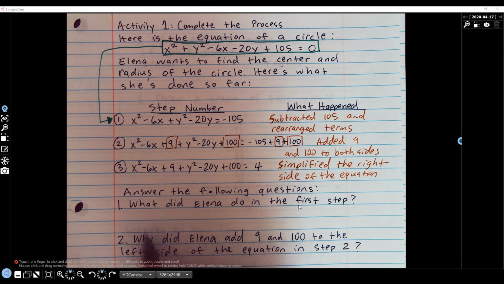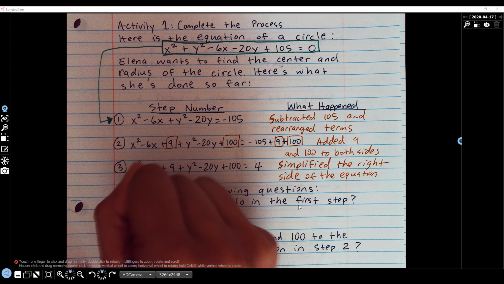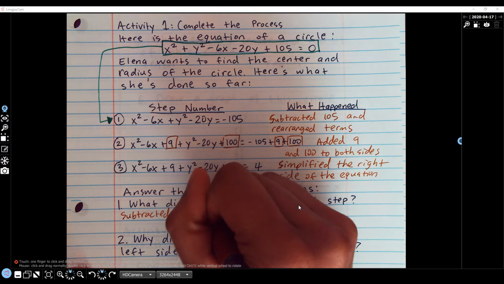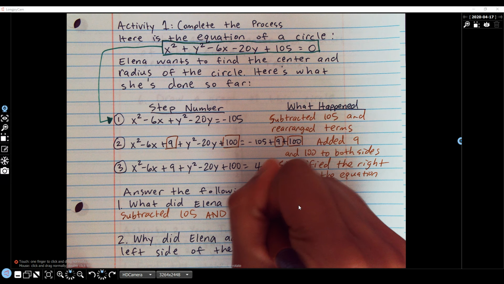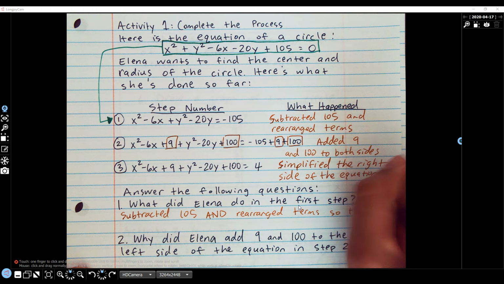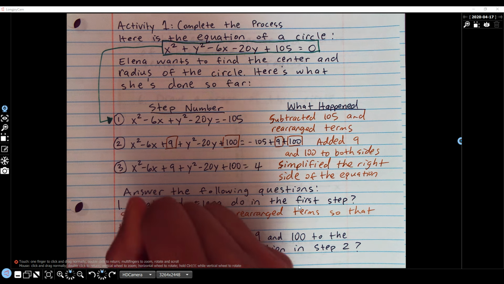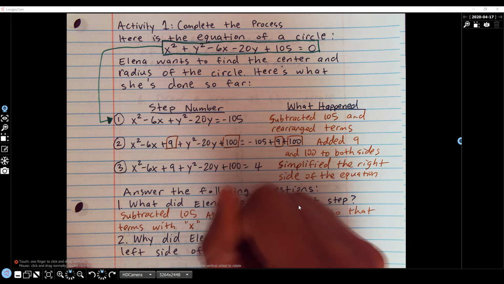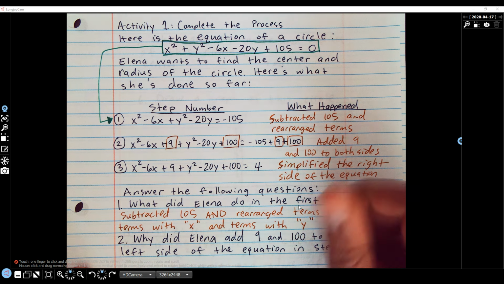In addition to subtracting 105, she also rearranged the terms so that terms with x and terms with y stayed together.